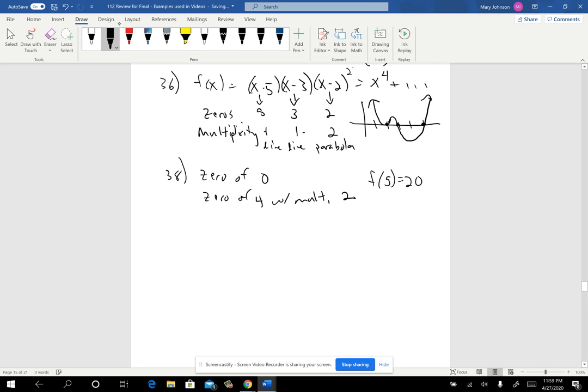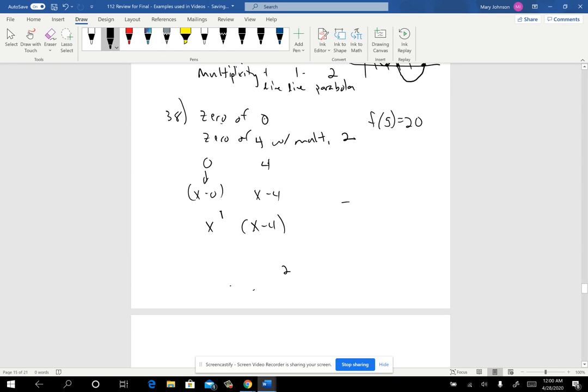So first you say, okay, I have these two zeros. That's going to give me the factor x minus 0, or really just x. This gives me the factor x minus 4. Now, the 0 didn't have a multiplicity listed, so it's understood 1. This one was multiplicity 2, so that tells you the exponent you're going to have on that factor.